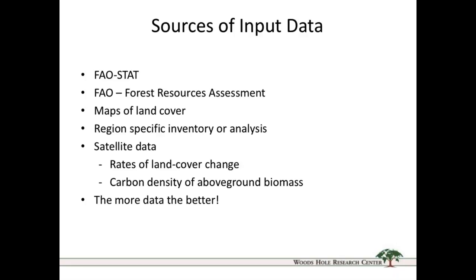So we make use of inventory analyses, and as I say, there's much more to be done from our point of view with respect to data from Mexico. And as we heard yesterday, we would use satellite data to get some rates of change, and also to get at the changes in carbon density. The bookkeeping model is greedy for data. The more data there are, the better. I haven't said it yet, but I should say that the model has not been used spatially, so it's not in a position at the moment to actually use the satellite data.